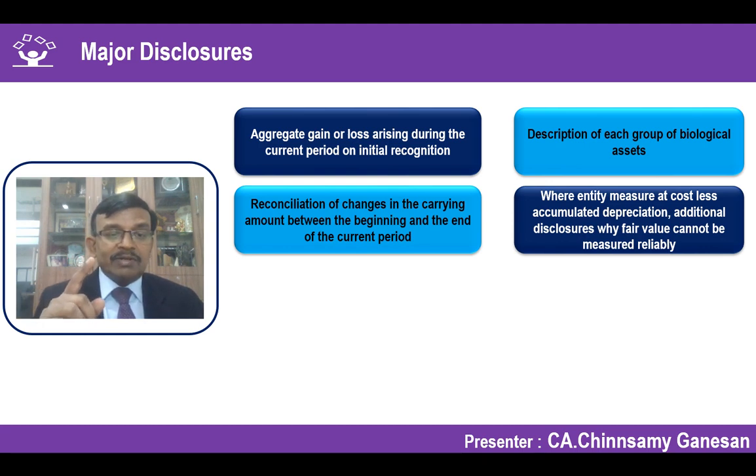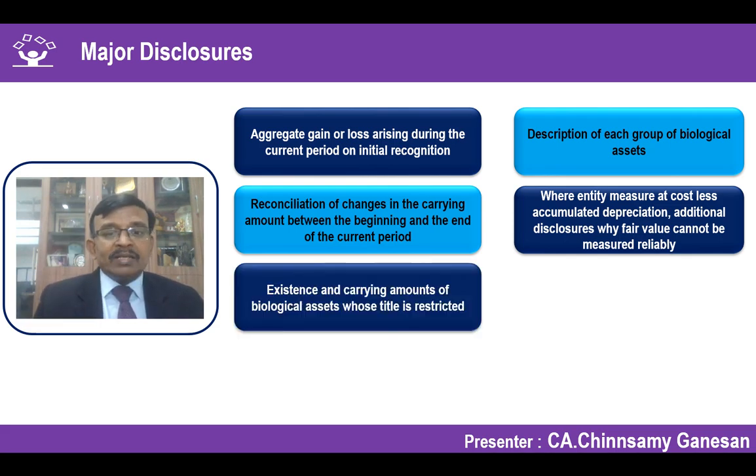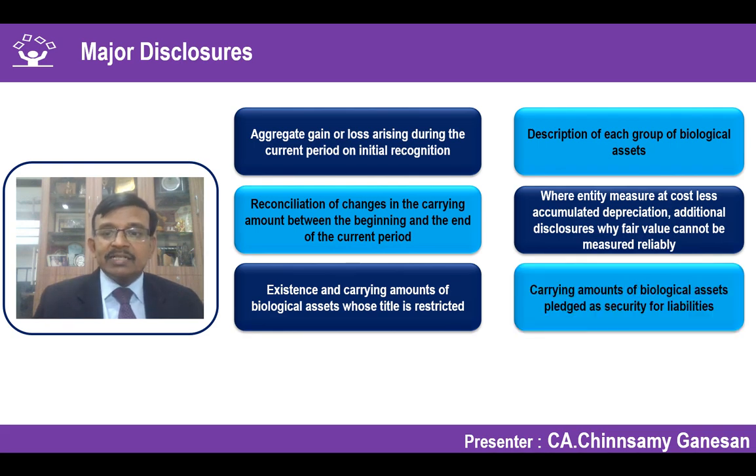The rebuttable presumption is that fair value should be measured, and if it is not, you have to say why it is not met. And where there is any restriction on the title of biological assets, you have to disclose the existence and carrying amount.